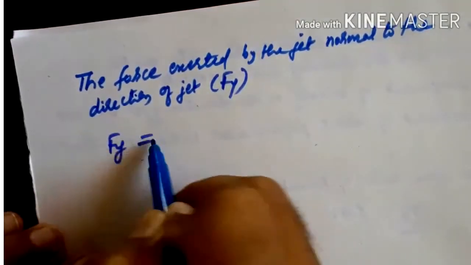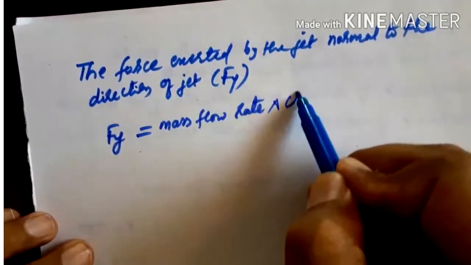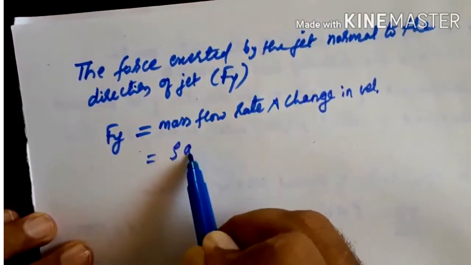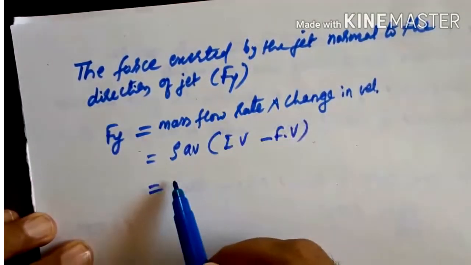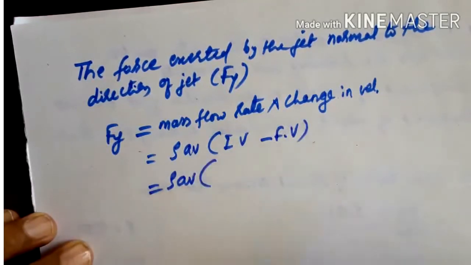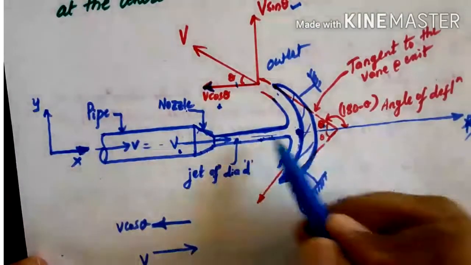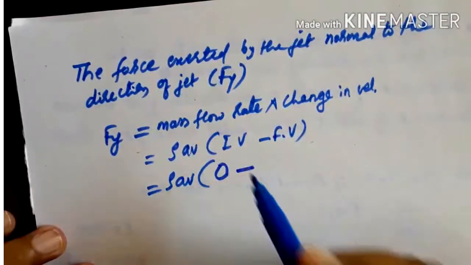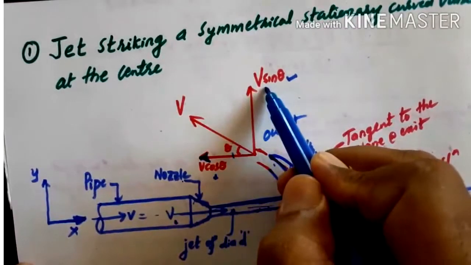So Fy, again the same formula, mass flow rate into change in velocity. The mass flow rate is rho A V, and change in velocity is initial velocity minus final velocity. What is the initial velocity with which the jet is striking, in the y direction? Is there any velocity acting in the y direction initially? No, there is no velocity acting in the y direction. So initial velocity is 0 minus the final velocity in the y direction, which is V sin theta.